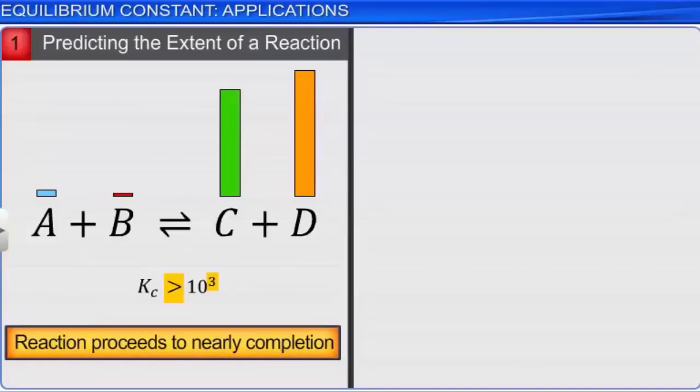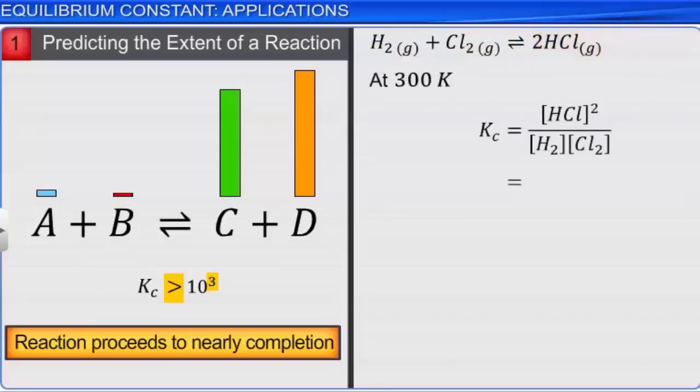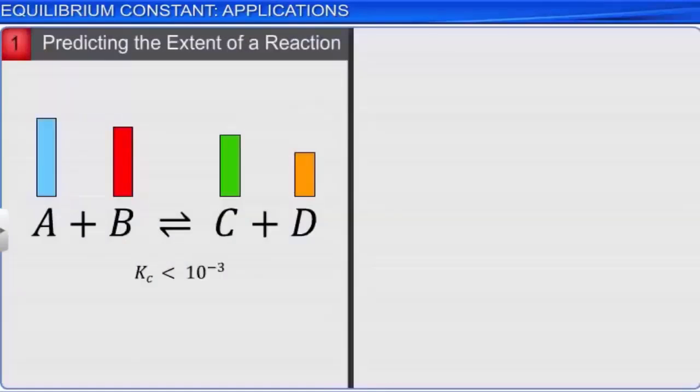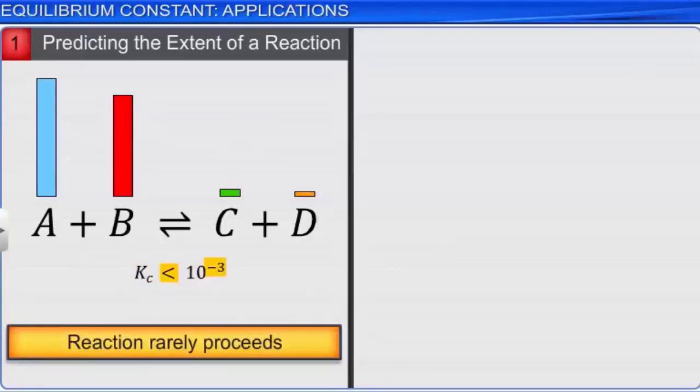For example, the equilibrium constant for the gaseous reaction between hydrogen and chlorine to form hydrogen chloride at 300 Kelvin has a very large value of 4 into 10 raised to the power 31. If the numerical value of the equilibrium constant is less than 10 raised to the power minus 3, it means that the reaction rarely proceeds, and also that the equilibrium concentration of the reactants is large.